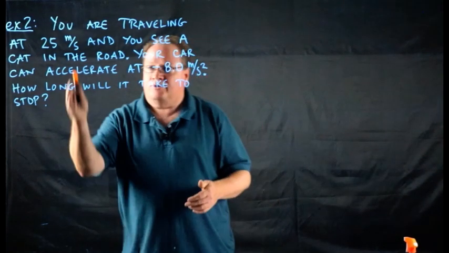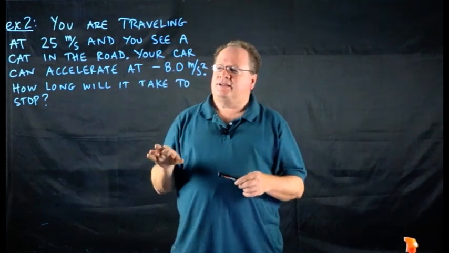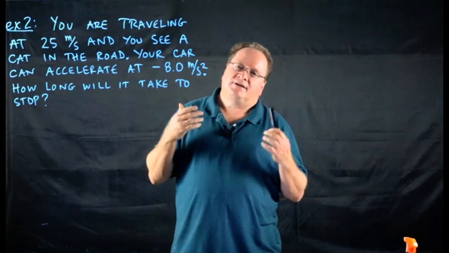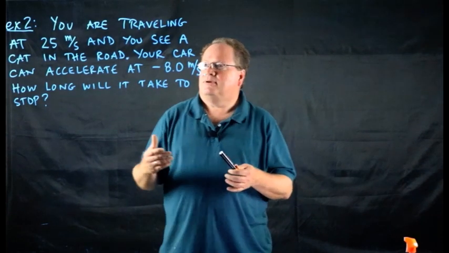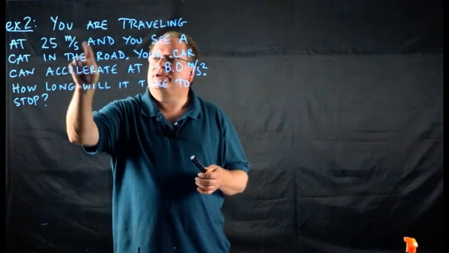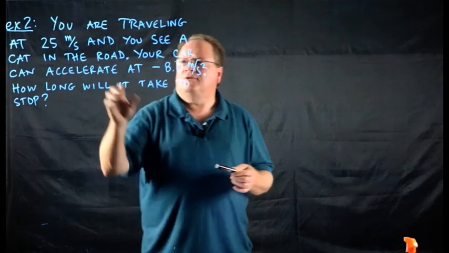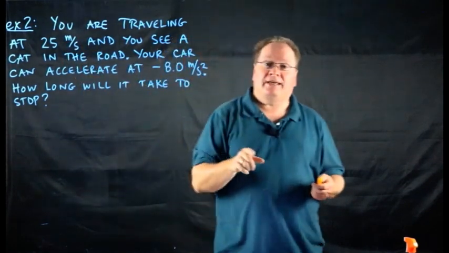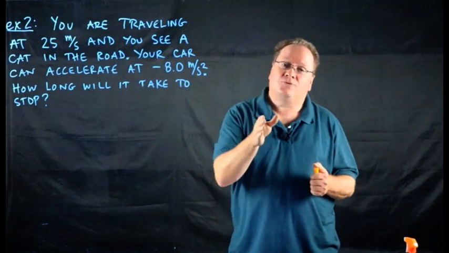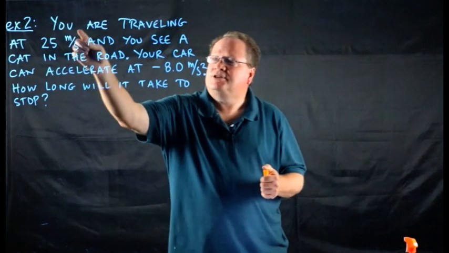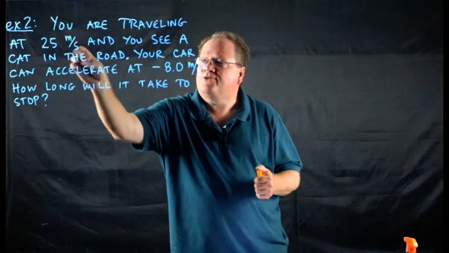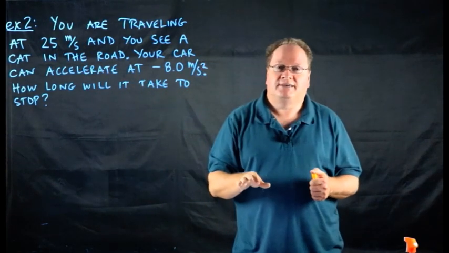So now that we've read it, we understand the scenario, we want to start assigning variables. You're traveling at 25 meters per second. So if you look at the unit, let them be your friends. They're going to tell you what they're describing. If you see distance over time, meters per second, this is a velocity.